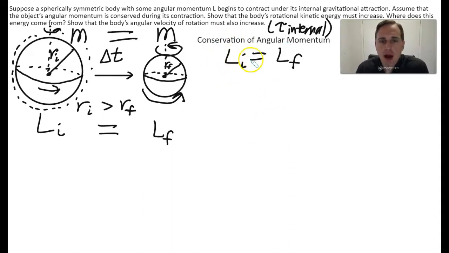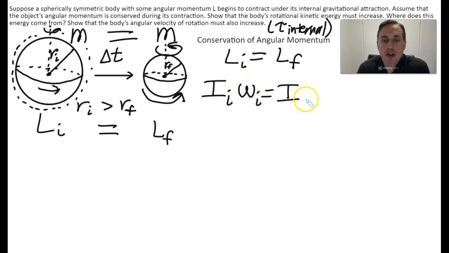So let's think about what angular momentum really looks like. For a solid body, we know that it should be the moment of inertia times the angular velocity. I'm just putting the subscript i for initial here for the moment of inertia and the angular velocity. And then that should equal the final moment of inertia times the final angular velocity.